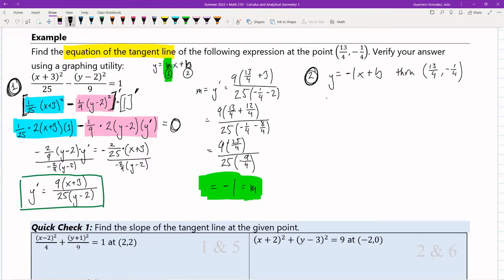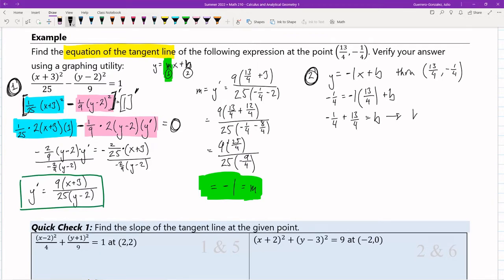So my y, negative 1/4, is equal to negative 1 times 13 over 4 plus b. This multiplies to negative 13 over 4, so I get to add it to the other side. So minus 1/4 plus 13/4 is equal to b.